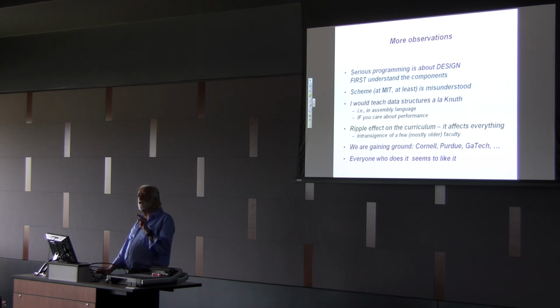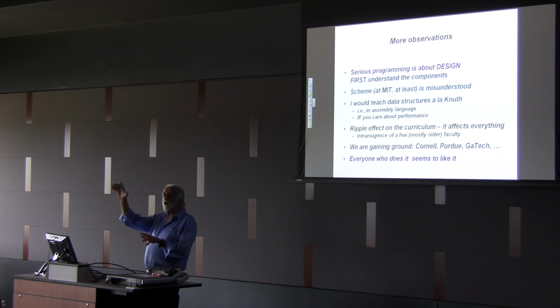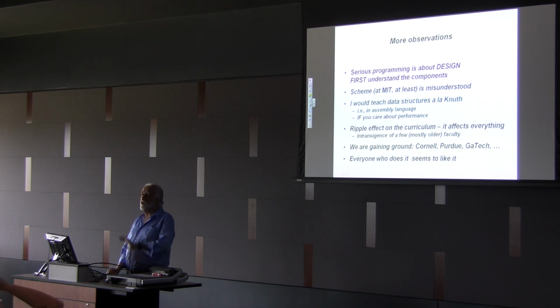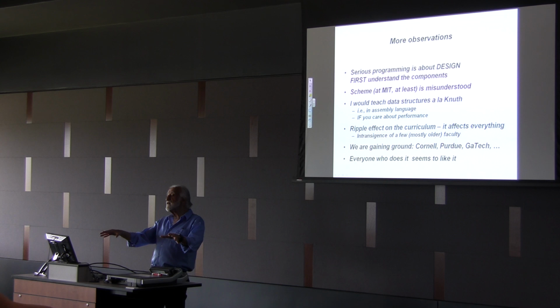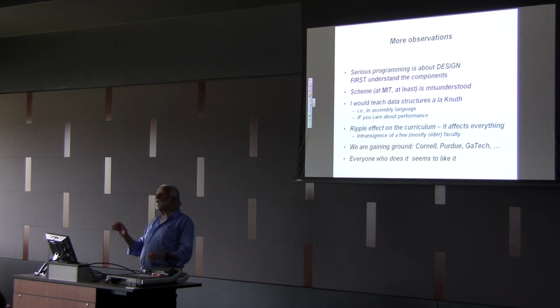Ripple effect in the curriculum. If you do buy into this, you will find that subsequent courses are better because you can build on what they already know. You don't have to wave your hands anymore. They've got it. And you can make your more advanced course a better course as a result. I learned that at Michigan right from the get-go. There are professors in the later courses who thank me because they can see the difference. When you first get started, some kids have had it, some haven't, and so the professors can see the difference between those who did it this way and those that didn't.